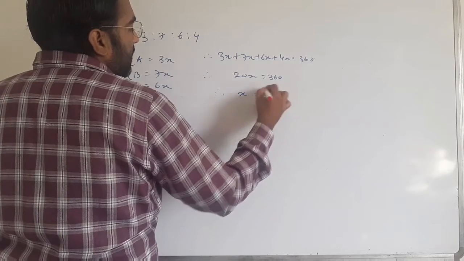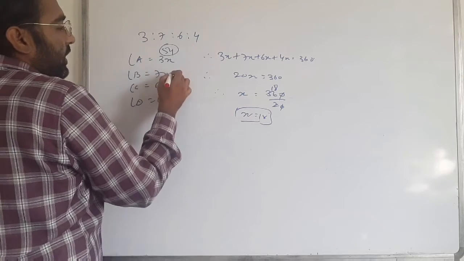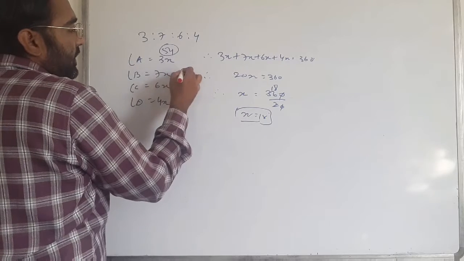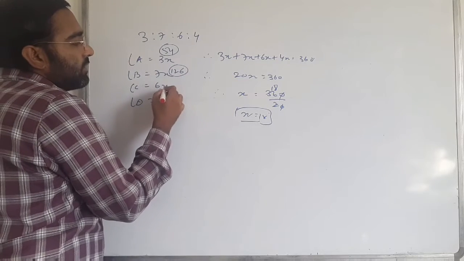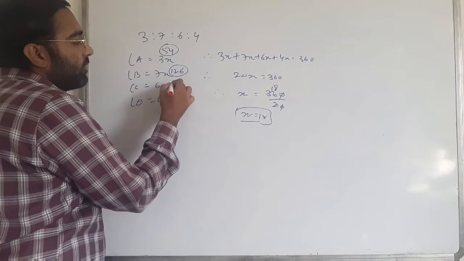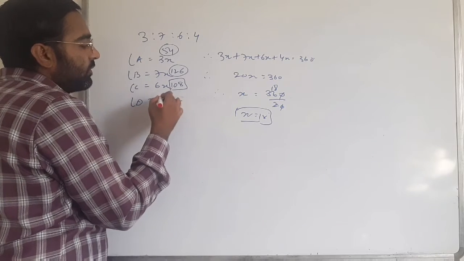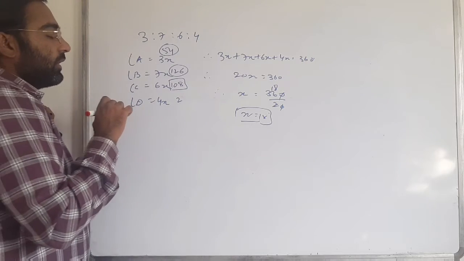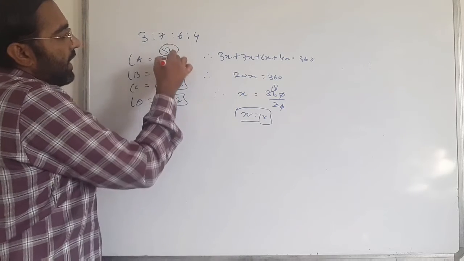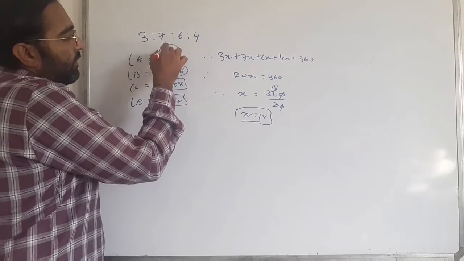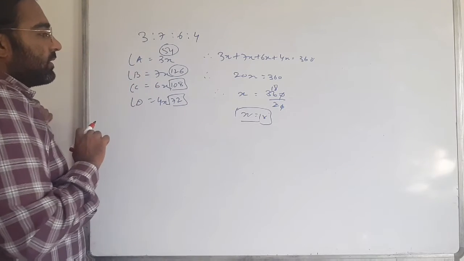So x equals 360 by 20, then x equals 18. So 18 times 3 is 54, 18 times 7 is 126, 18 times 6 is 108, and 18 times 4 is 72. The sum is 360.